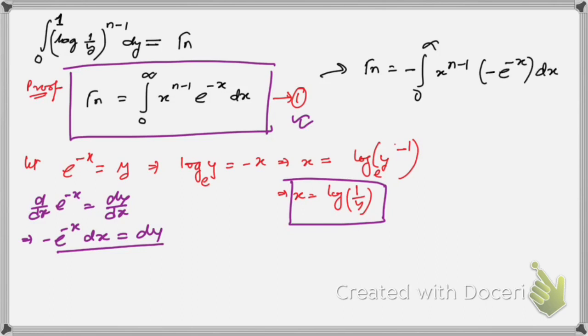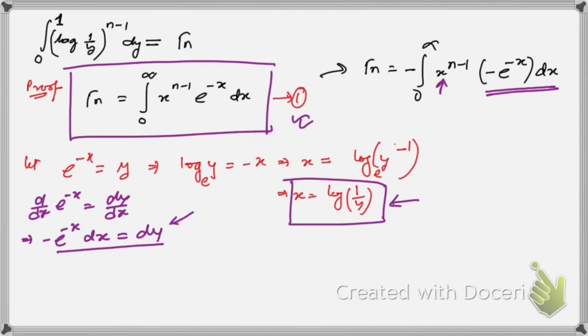That's what you can do, right? There is also a minus, there is also a minus. So then here, this can be replaced by dy, and this x will be replaced by this value of x, okay?